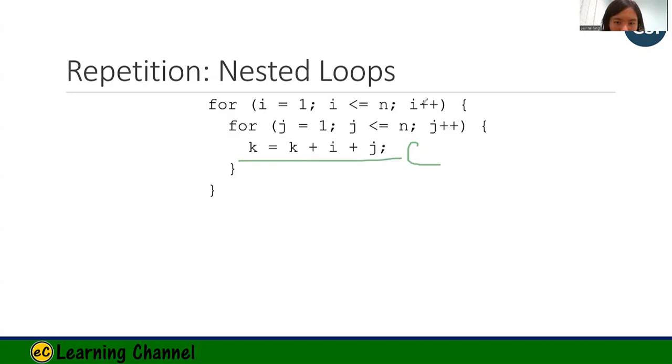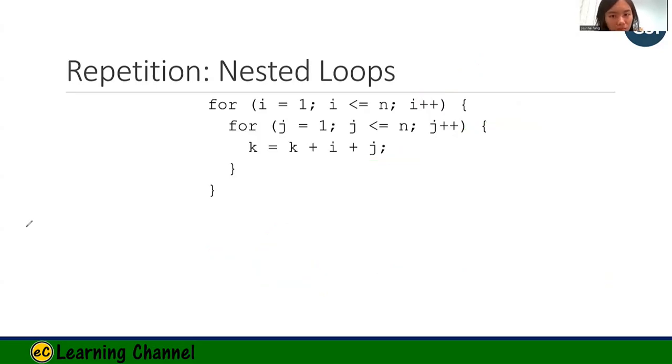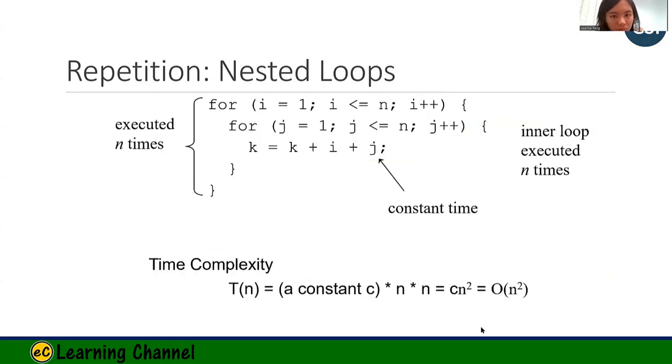So you run outside n times, inside n times. So it's actually Cn squared. C drops, so it's order of n squared. Is that okay? Does that make sense?